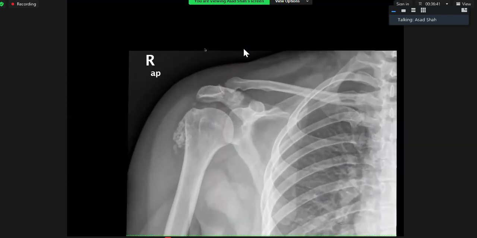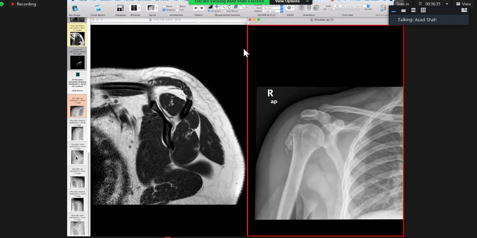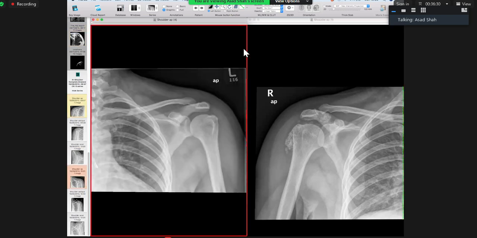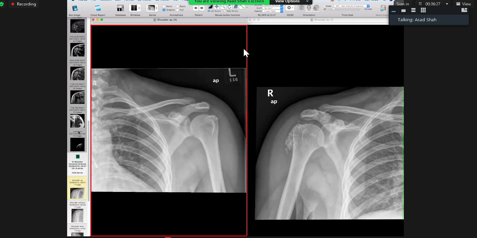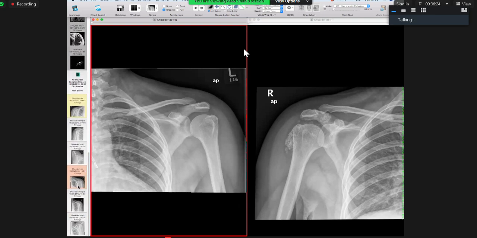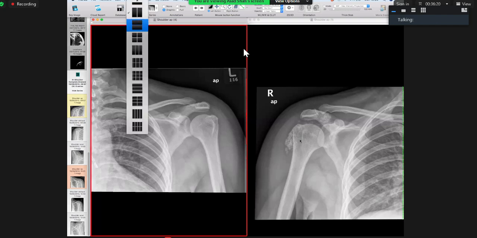So this is a 40-year-old and she has bilateral shoulder pain. I'm going to put both shoulder X-rays up for you. Okay, so should I start? Yeah, please go ahead.